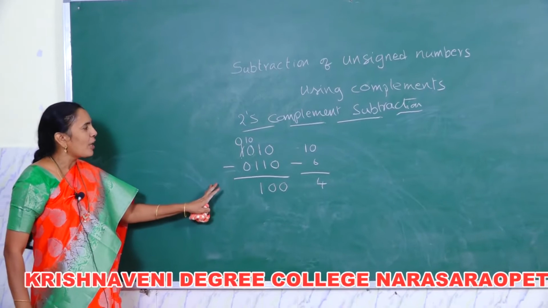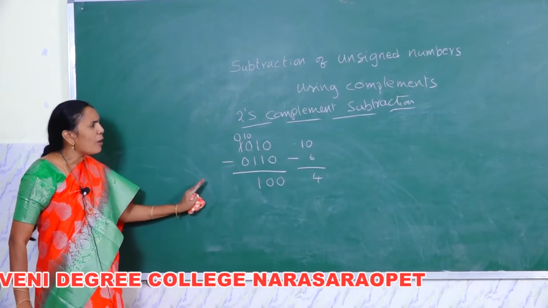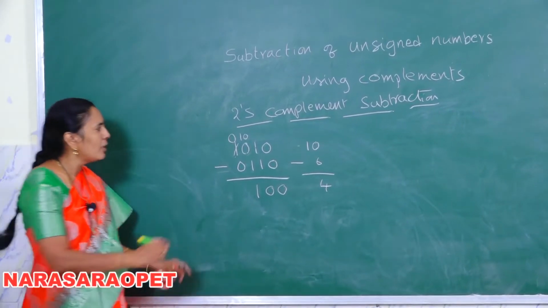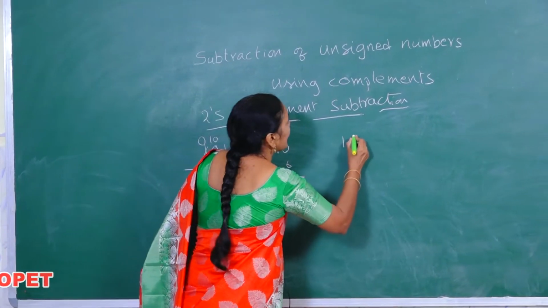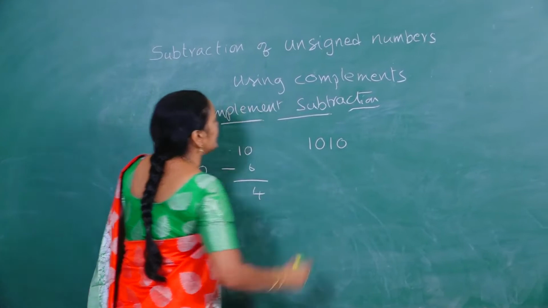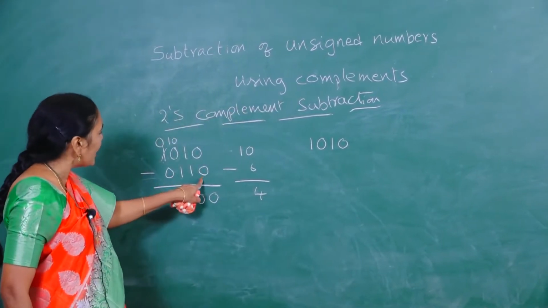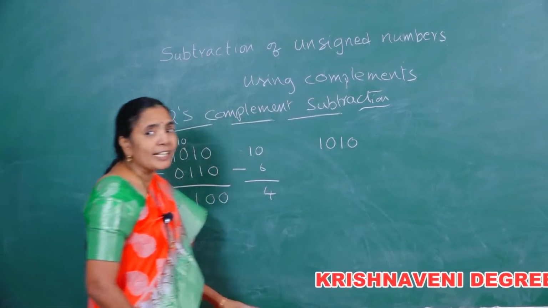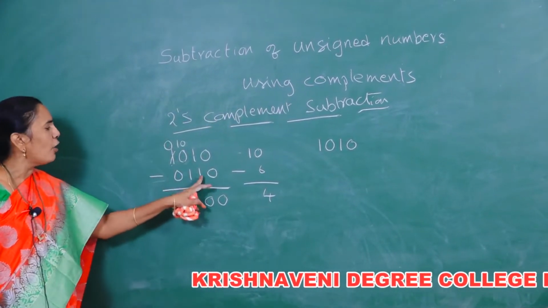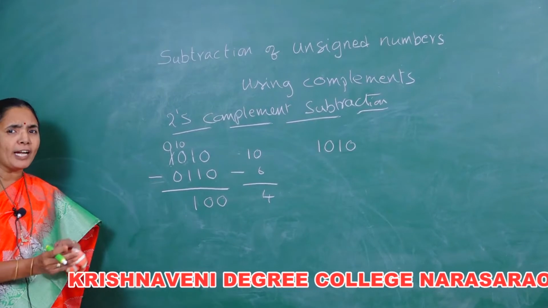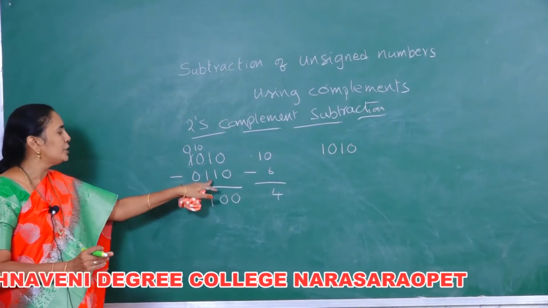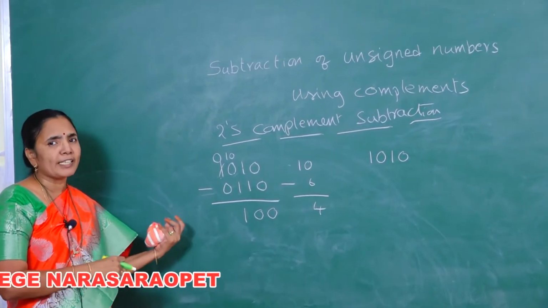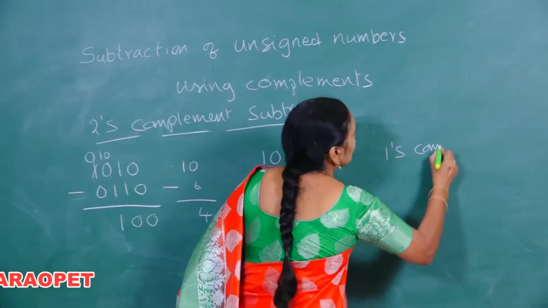Now let us see how we are going to do the same operation through 2's complement. So, the positive number is written as it is, 1010. Now, I have to get the 2's complement of 0110. For getting the 2's complement of 0110, first I have to find the 1's complement of 0110, then I have to add 1 to it to get the 2's complement.